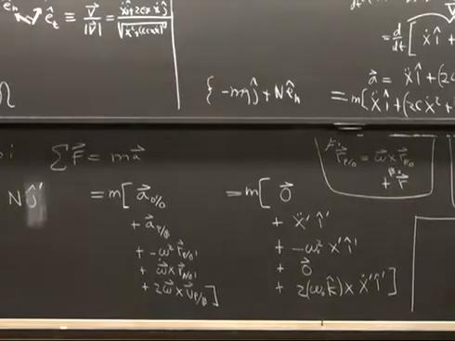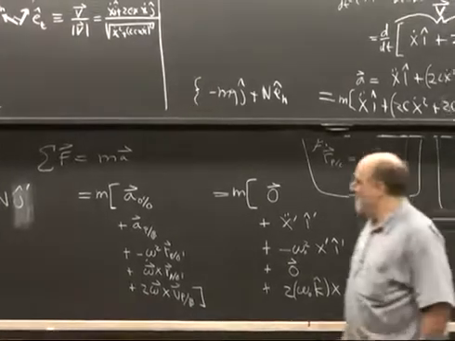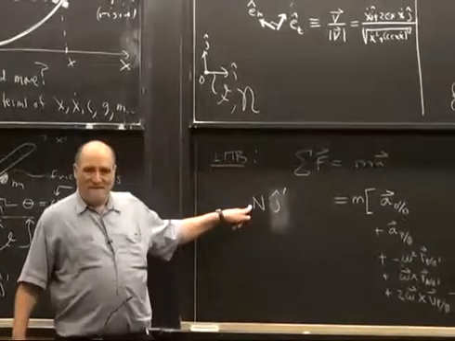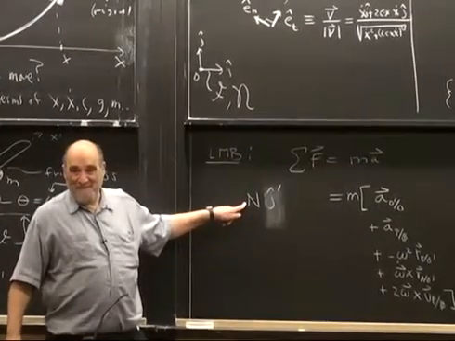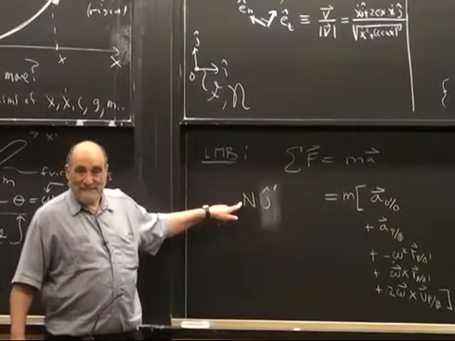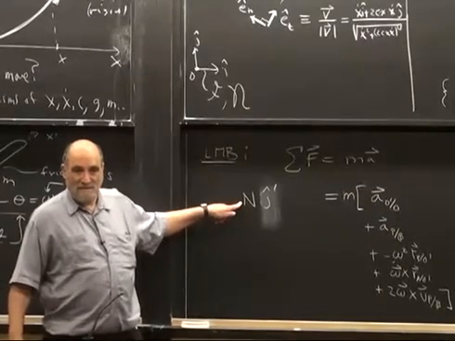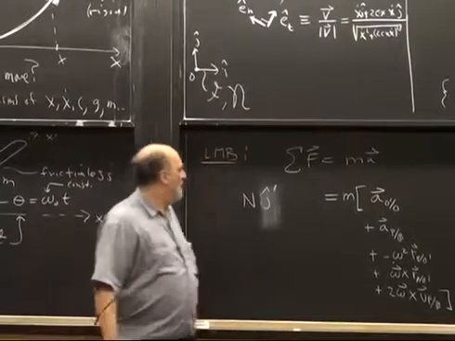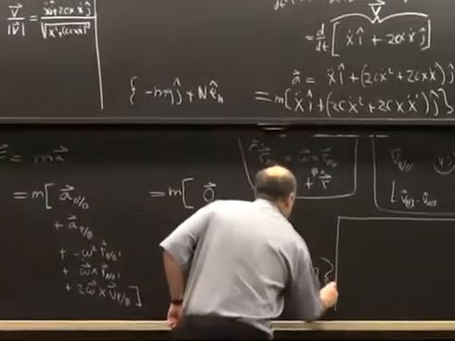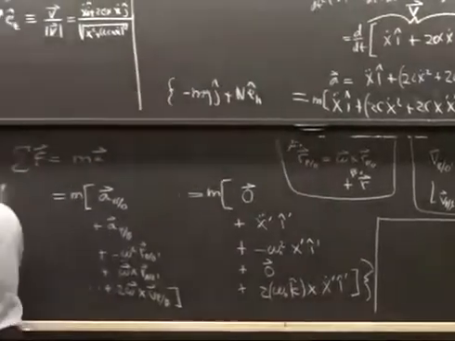Now we'd like to get the equations of motion from this. Well, there's a term I don't know and don't care about, so kill it. How do we kill it? We dot with j prime.